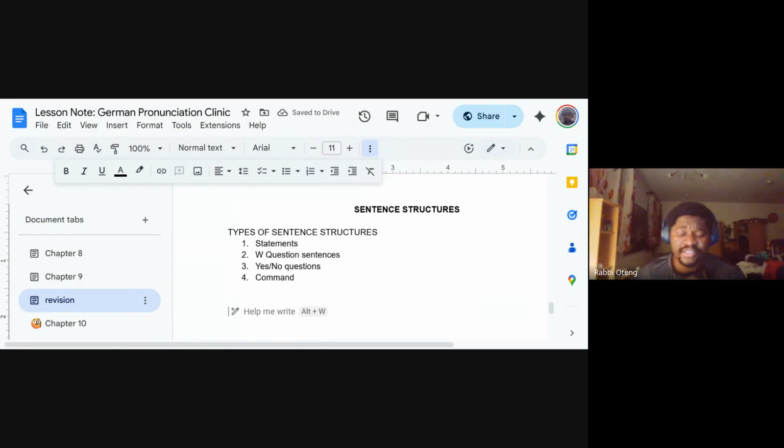So yes, we have the same sentence structures in German. With statement sentences, they follow the same rules as in English.